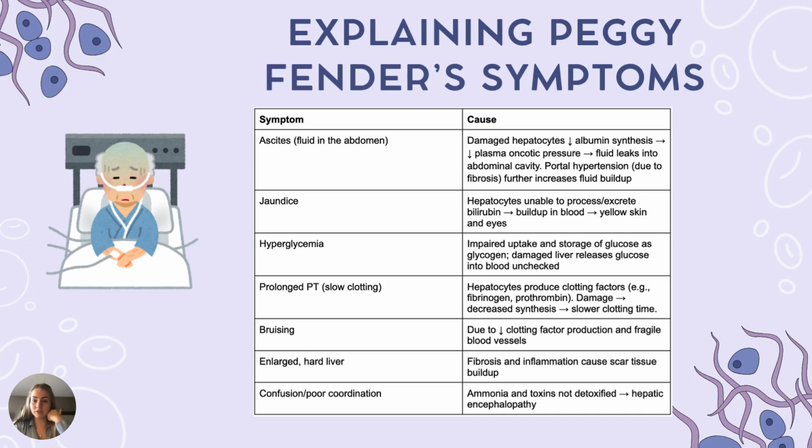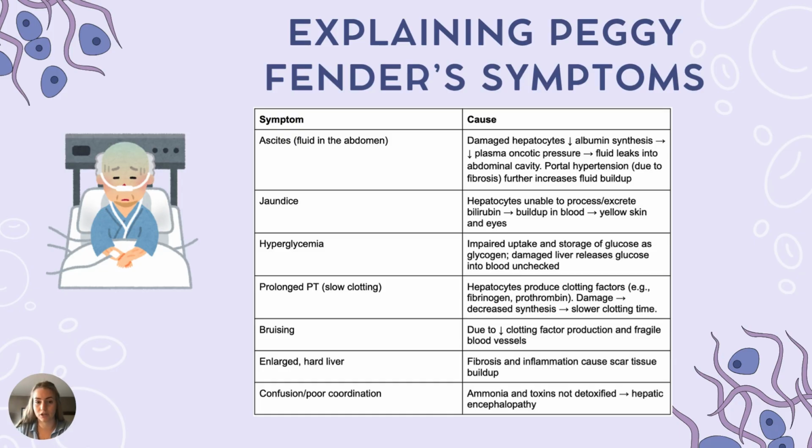Okay, so now we're going to dive into Peggy's symptoms and explain how those happen. I made this table to organize everything and to help us explore each of Peggy's symptoms individually and connect each symptom to a specific liver function. Peggy's symptoms directly reflect the loss of each of these functions.